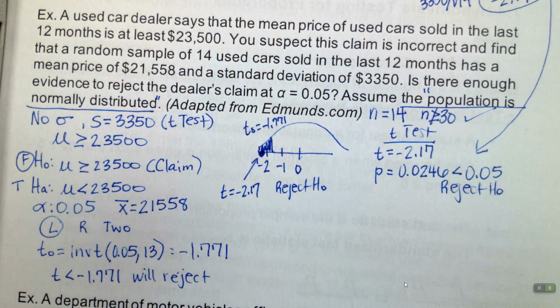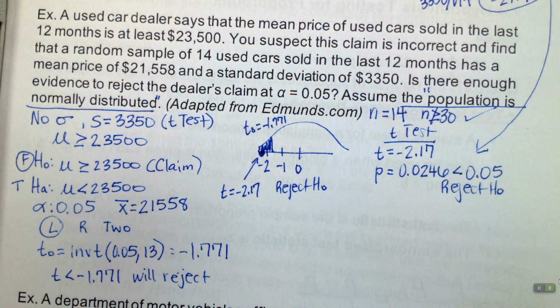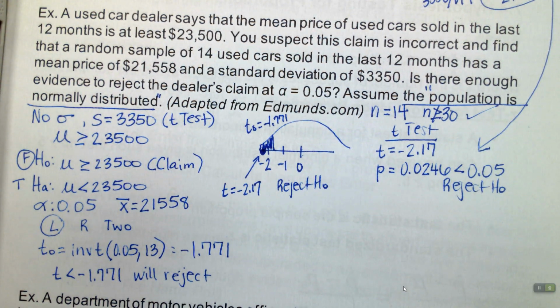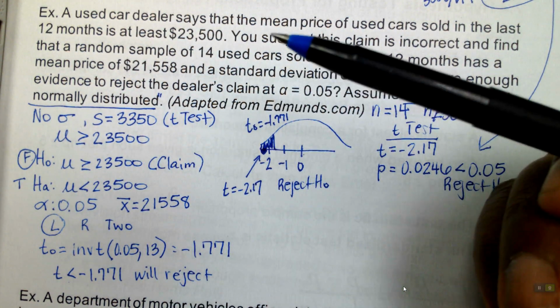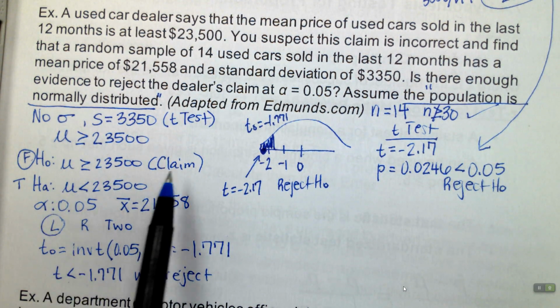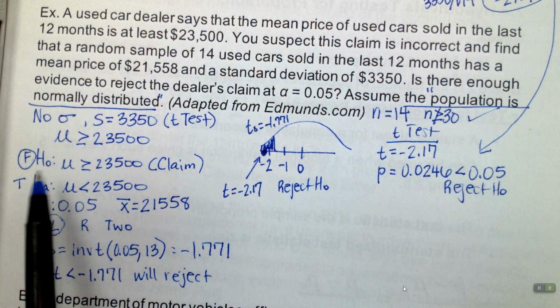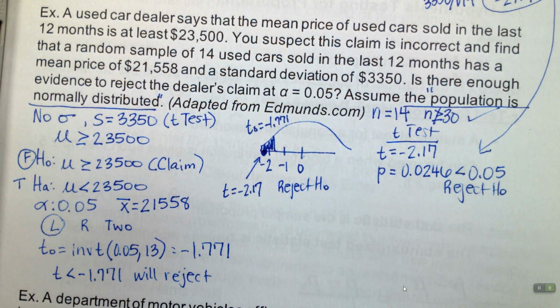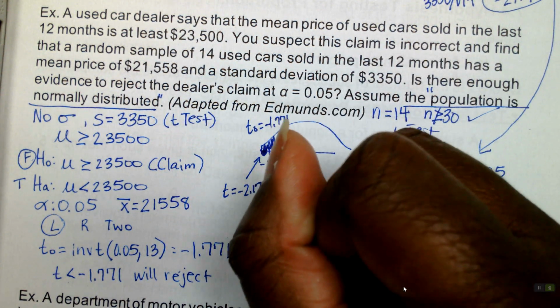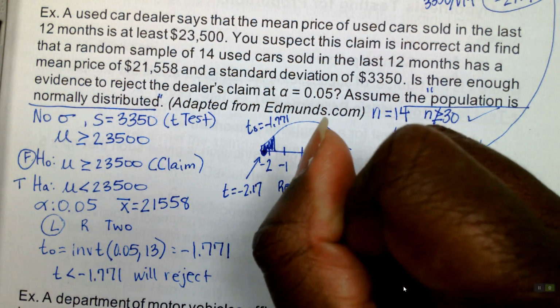So we're looking for false here, true here. That's what happened. So let me look at my claim. So my claim was false. So that means there is enough evidence.